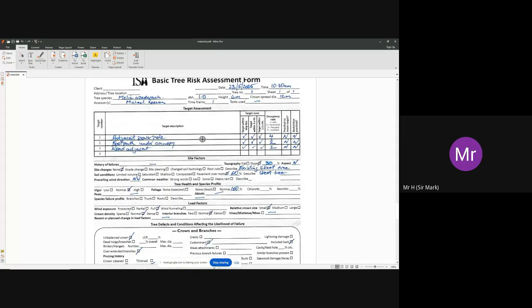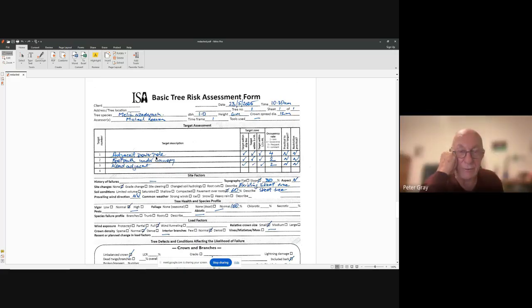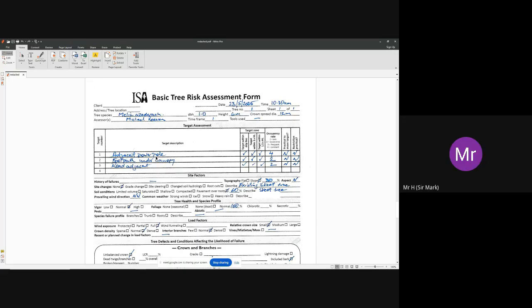Okay. We have the things, the targets. Okay, the adjacent power pole. What do you think is going to hit the adjacent power pole? The end of the branch, if it failed. Yeah. What sort of damage do you think it's going to do to the power pole? Nothing.